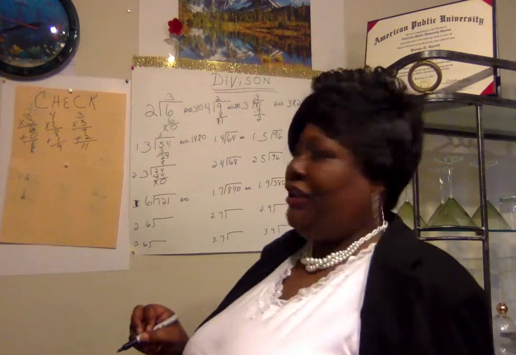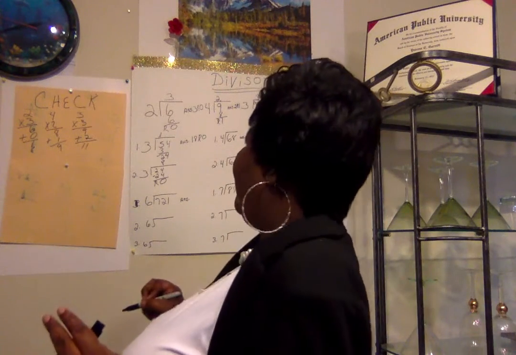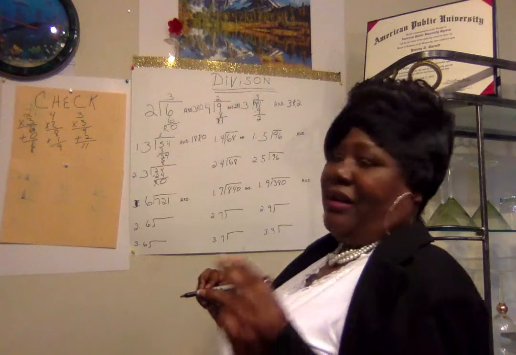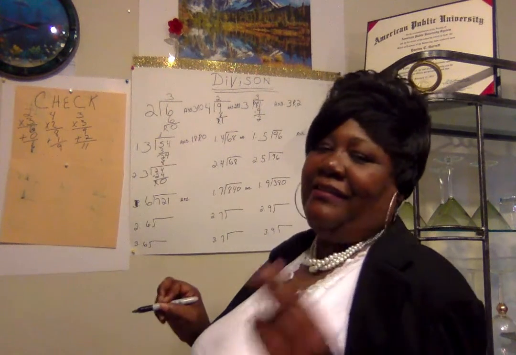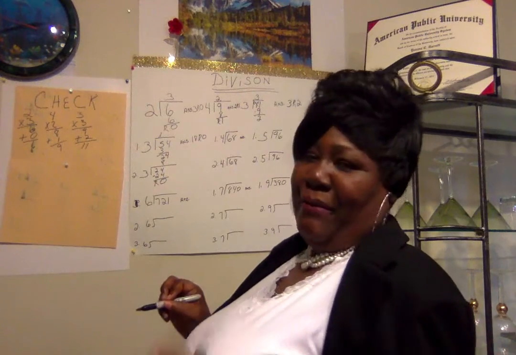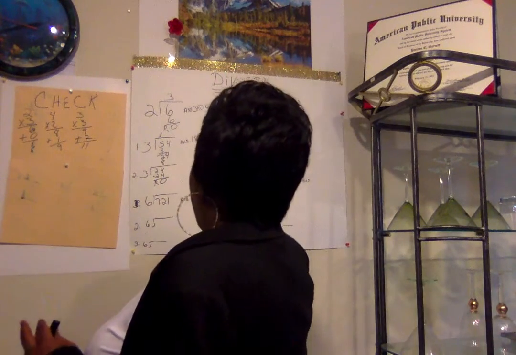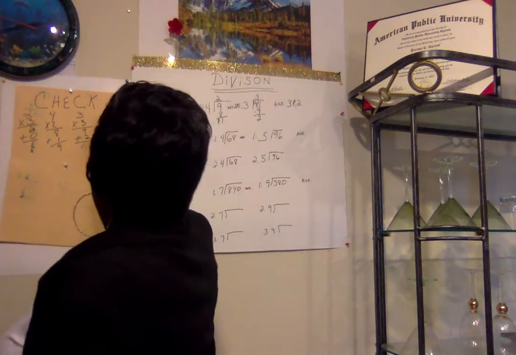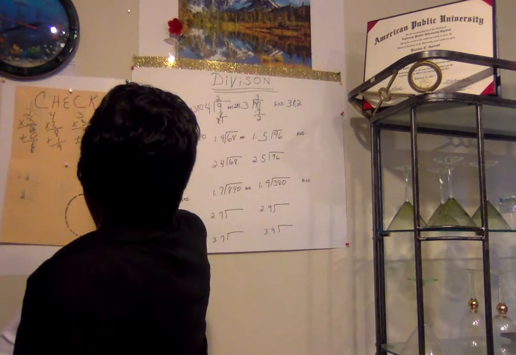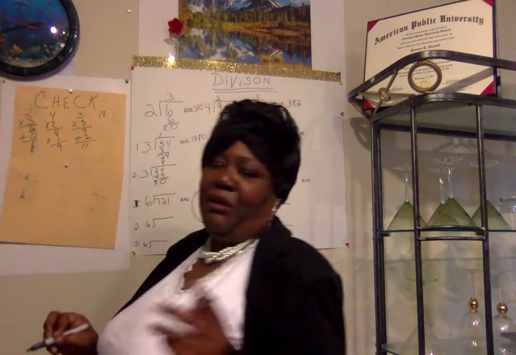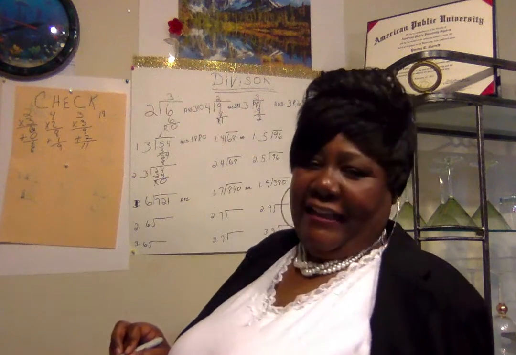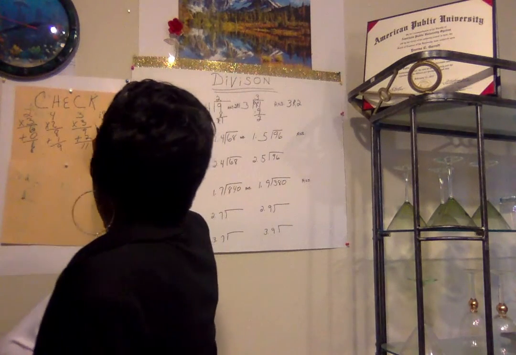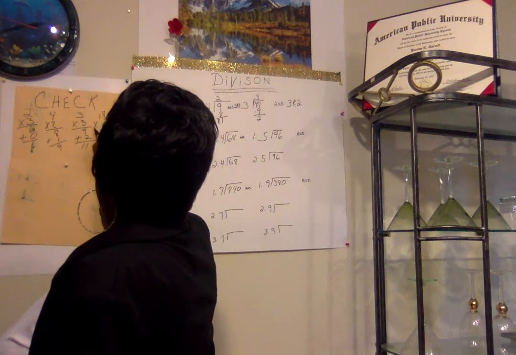So now you want to go check. Do your multiplication with your answer. Your answer was 18, and remainder 0. So we're going to go over here, because you always want to put the big number first, and say 18 times 3.